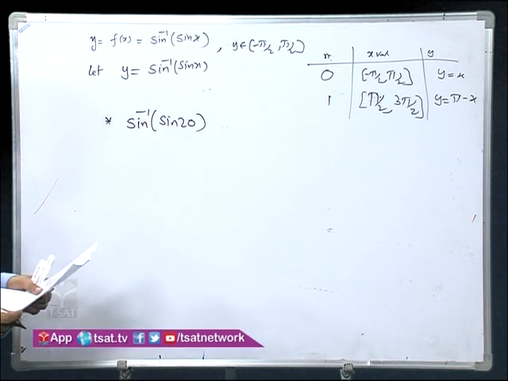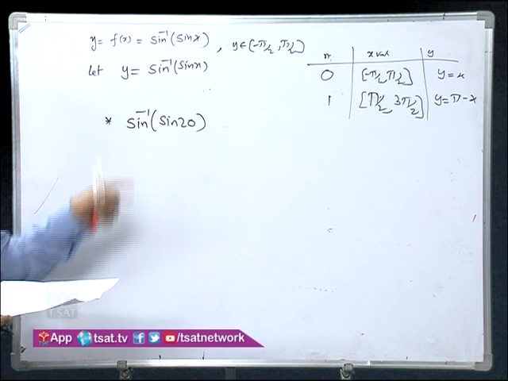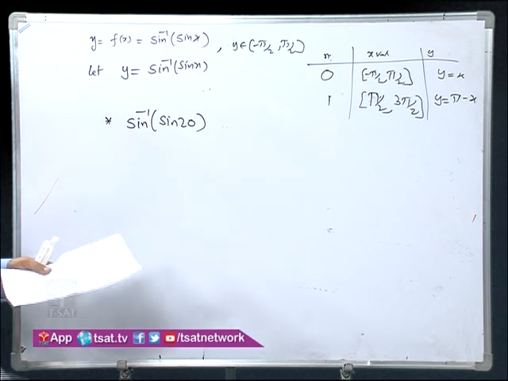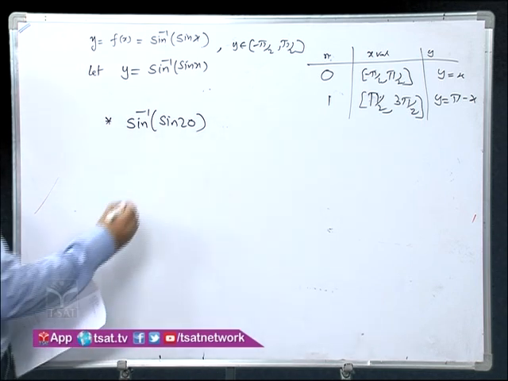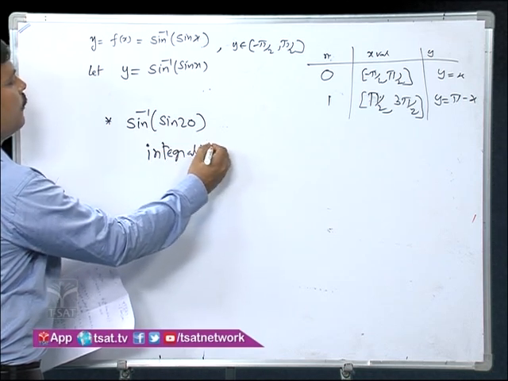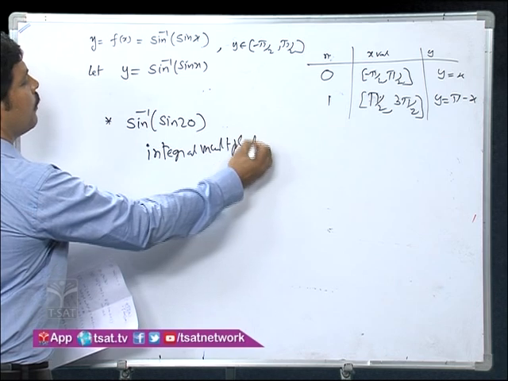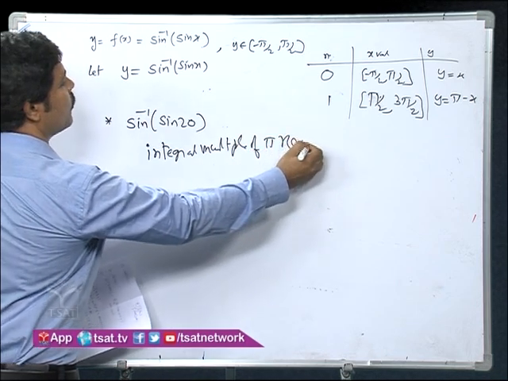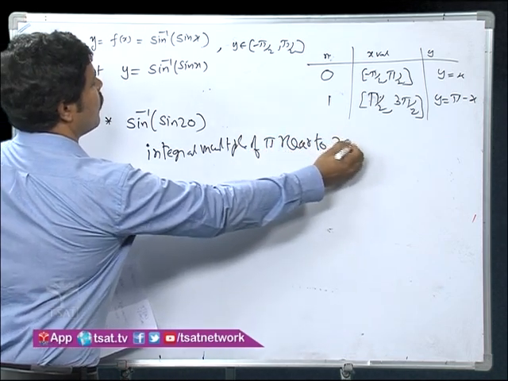So we can do this using a shortcut: first calculate the integral multiple of pi which is nearest to 20.